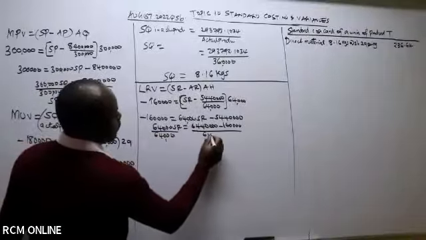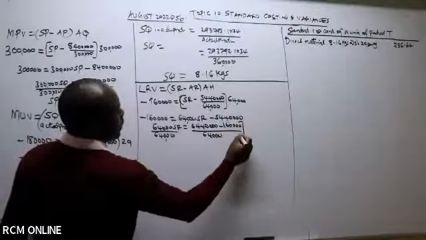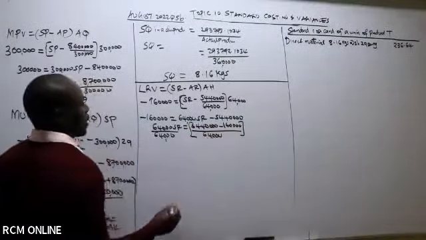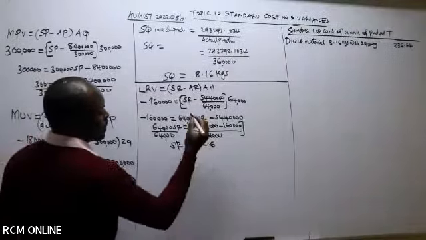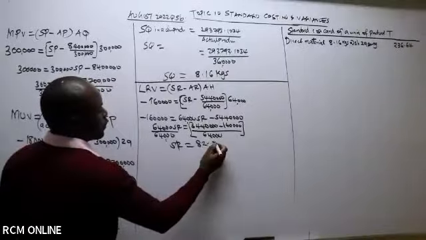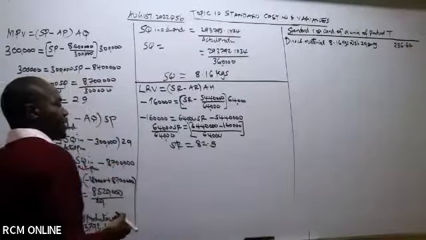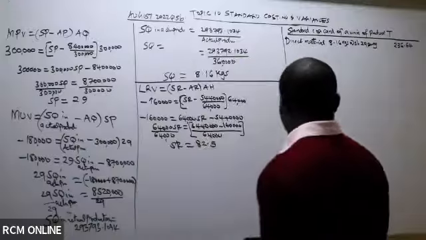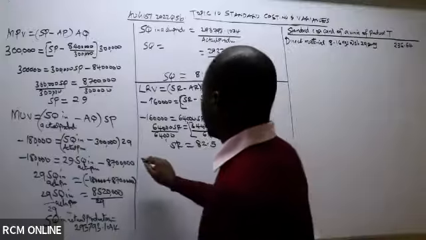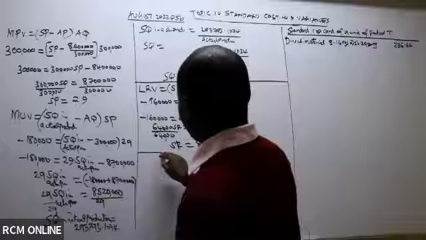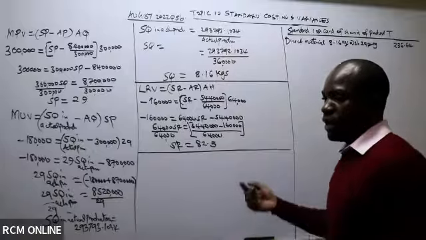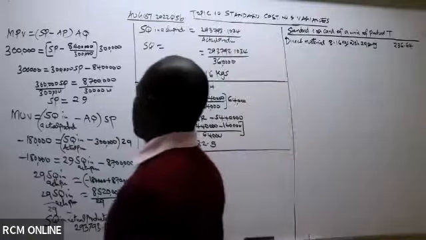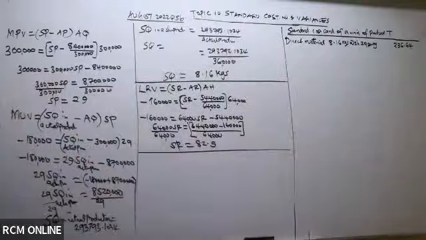Give me the numerator and then divide by the denominator. I'm told SR is equal to 82.5 shillings, the standard rate. Are we all getting that? Are we all getting 82.5? Thank you.